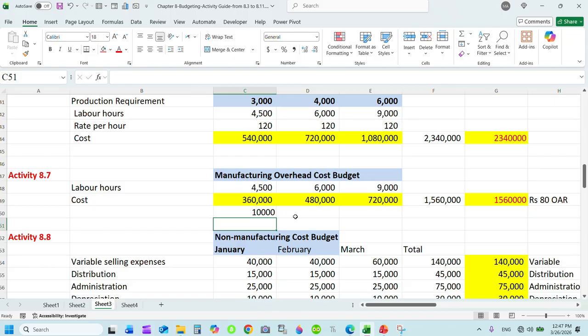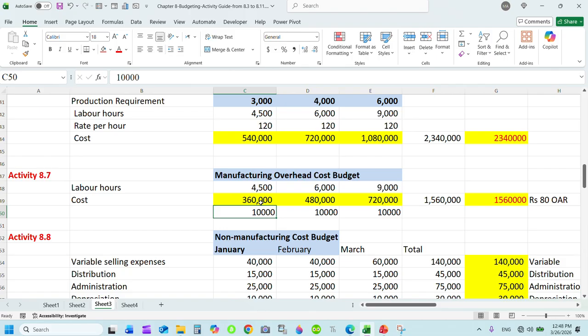So we can consider this overhead cost, and out of this overhead cost, 10,000 is depreciation, a non-cash expense.